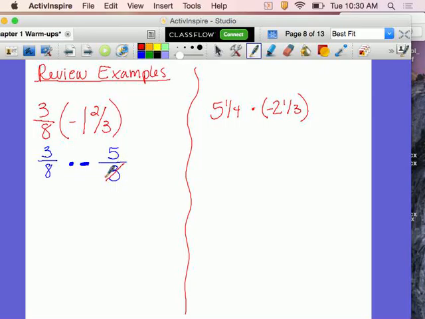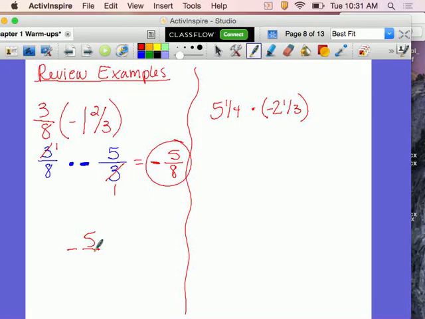Because I know 3 divided by 3 is 1, 3 divided by 3 is 1, so it's 1 times -5, or however you want to do this. You can think of it as a -5 or a -1, but not both. Or you can just think positive times negative is negative, and then just do your numbers. 1 times 5 is 5, 8 times 1 is 8, so your answer is -5/8.